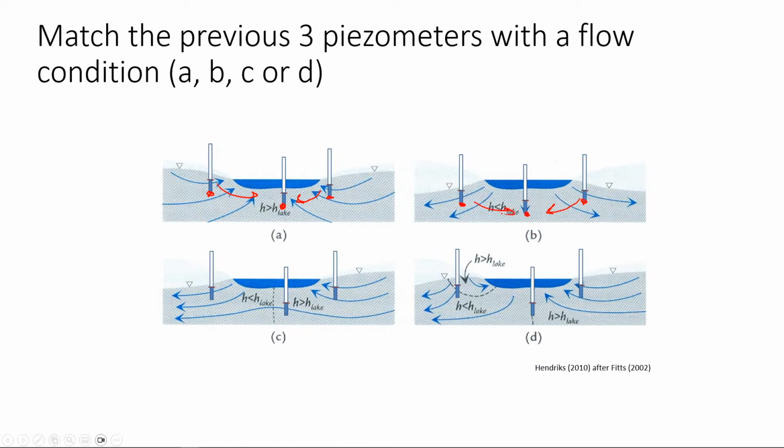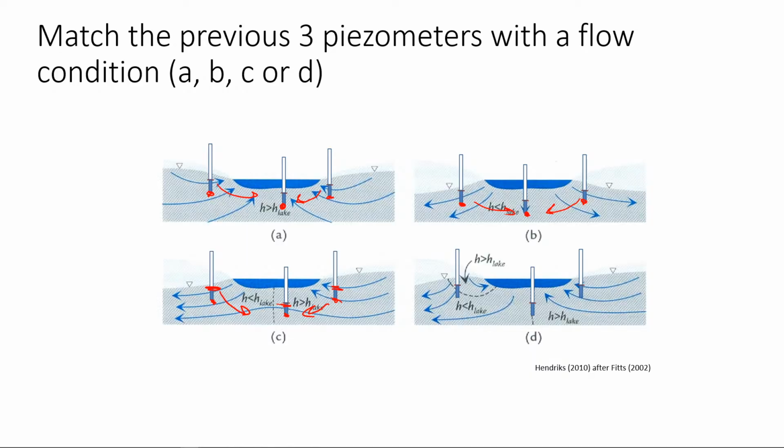Is this the case? I don't think so. How about here? Looking here, these are the heads I'm measuring at this point, this point, and this point. This means water is flowing from here to here and from here to here. Does it look so? I don't think so.